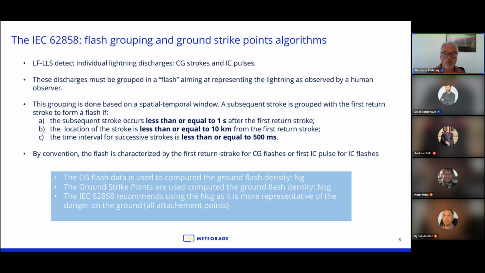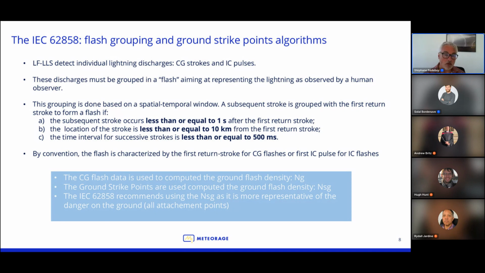We know that some have much longer durations, and I think that the record by the GLM is something like more than 80 seconds or so. But nevertheless, this is something that is quite in use among the lightning location system operators. So we use this value of 1 second. The separation between the first return stroke and the last return stroke of a flash mustn't be above 1 second.